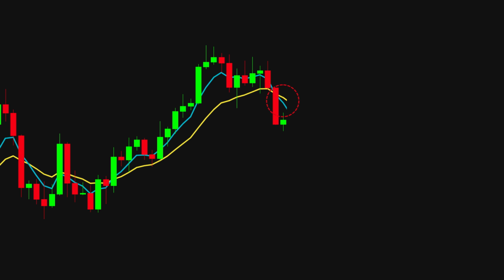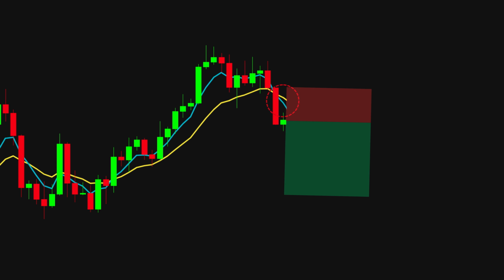After the cross, wait for price to remain below both EMAs to confirm that sellers are maintaining control. Then allow the market to retrace upward toward the 13 EMA in a controlled pullback. The ideal short entry forms when the price approaches the 13, shows clear rejection, and a candle closes strongly back below the 5 EMA, confirming that downward momentum is resuming.